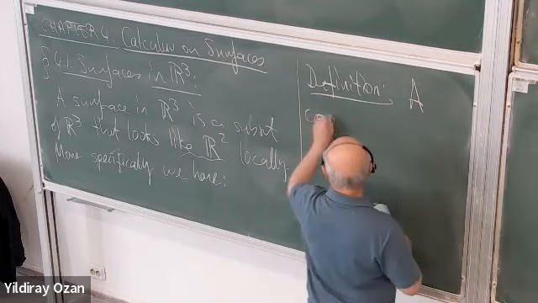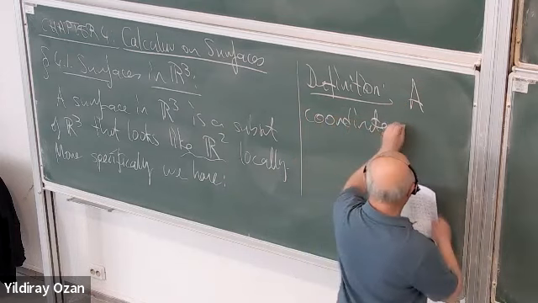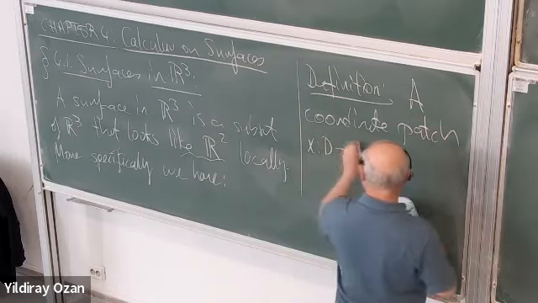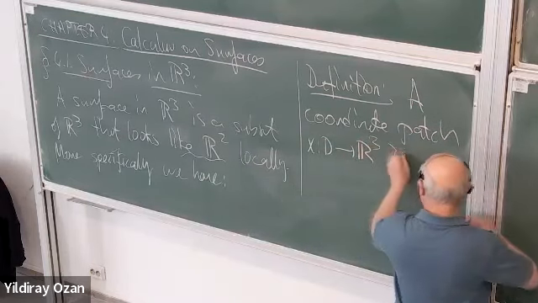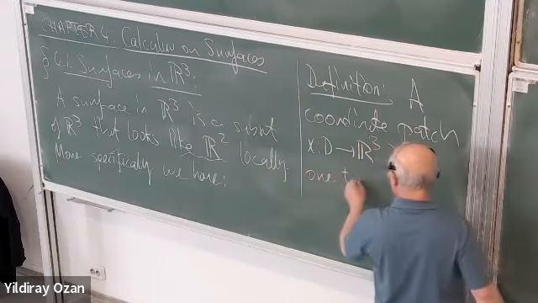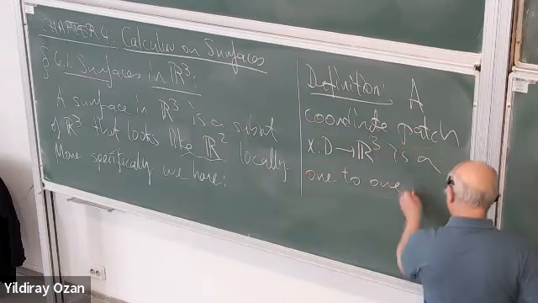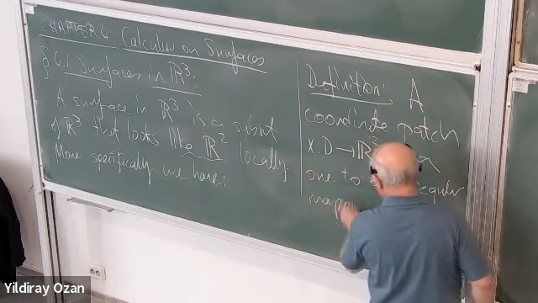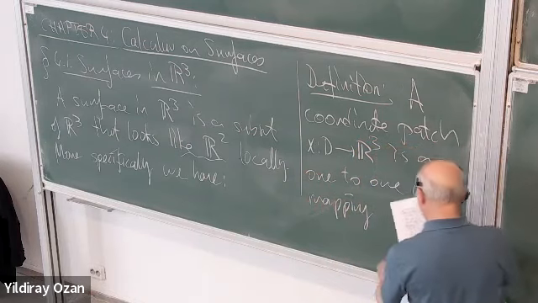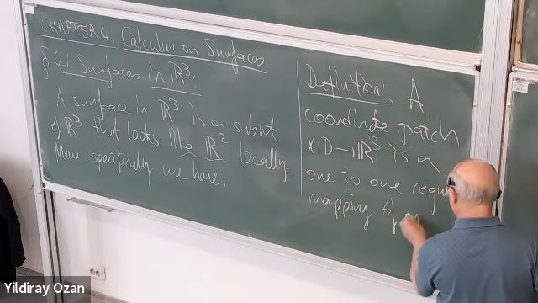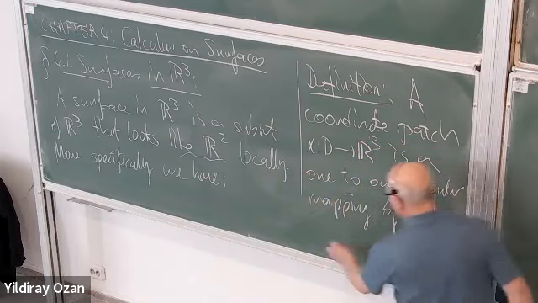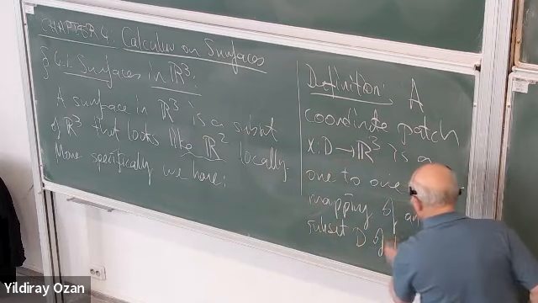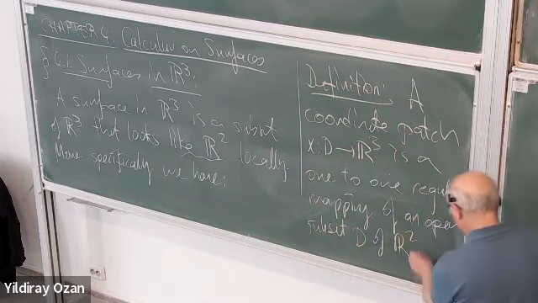A coordinate patch X from D to R3 is a one-to-one regular mapping, I will explain all these, of an open subset D of R2 into R3.